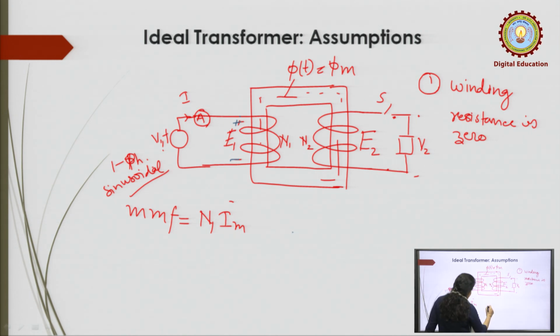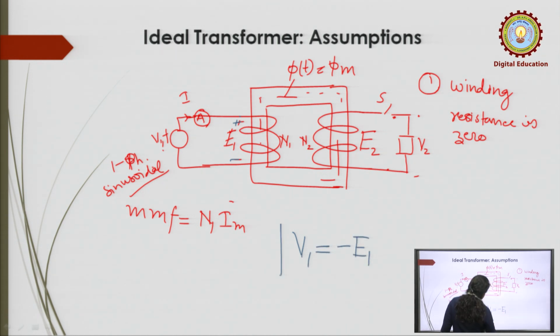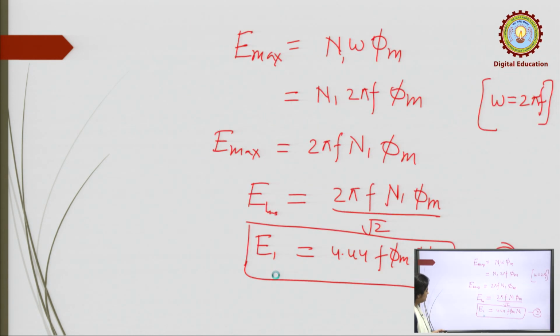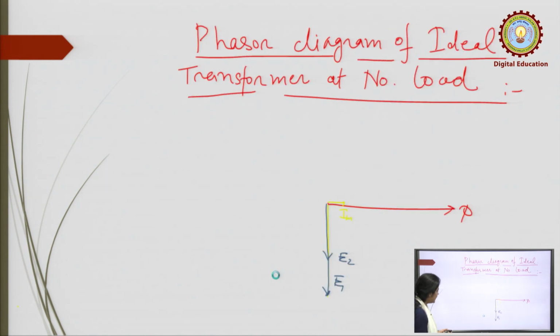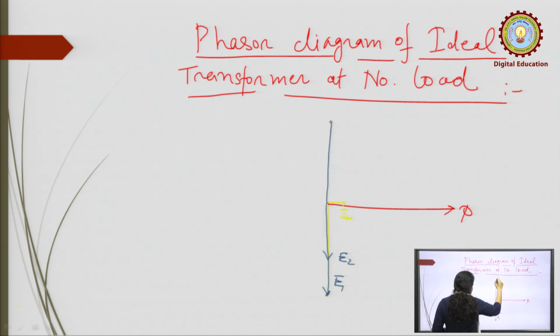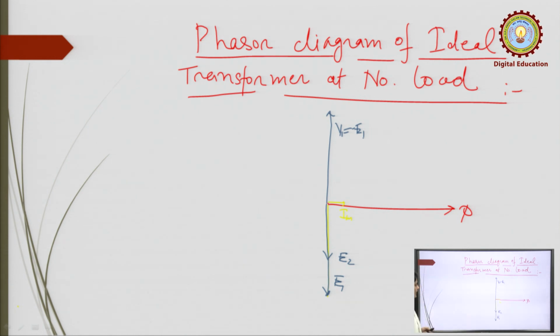So, V1 must be equal to minus E1. V1 is like this and it is equal to minus E1. I just draw Im again because the yellow color is not very dark.